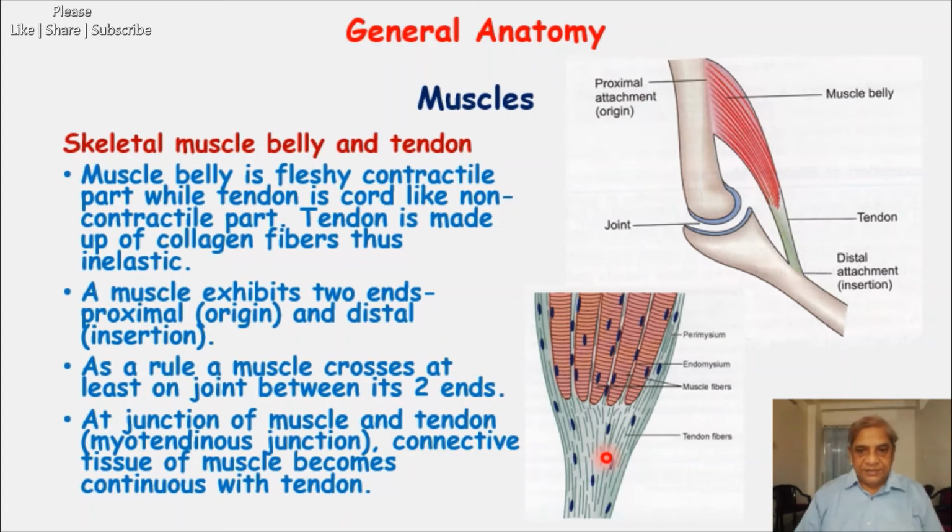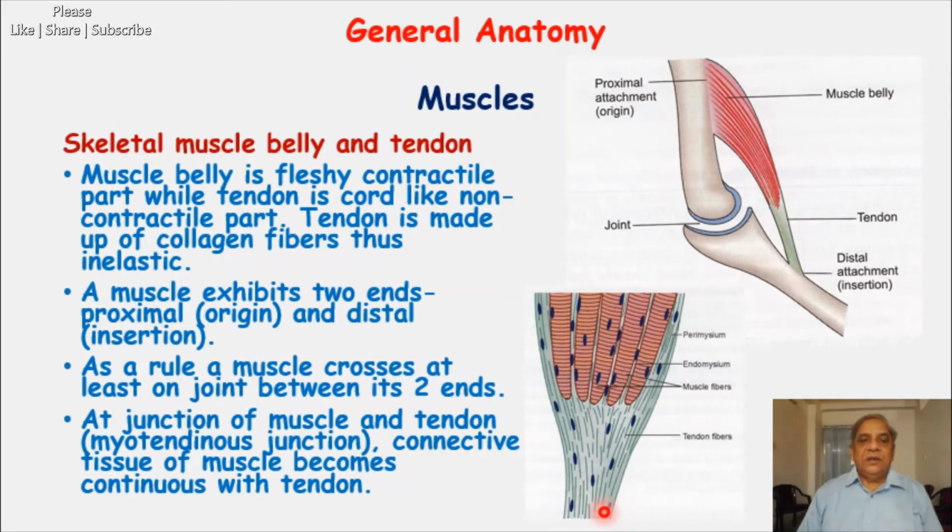The individual skeletal muscle fiber, and then the group of muscle fibers, is covered by connective tissue, where again the collagen fiber is predominantly present. These collagen fibers, which cover the muscle fibers and the bundles of muscle fibers, continue in the tendon.